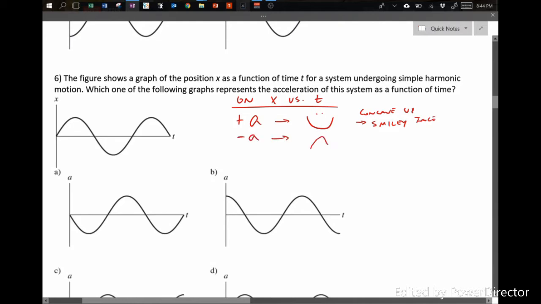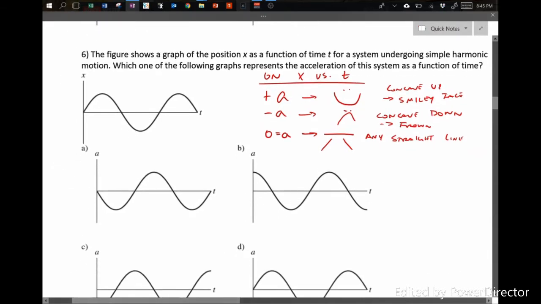Negative acceleration is concave down, or frown, particularly grumpy. And then 0 acceleration is any straight line on position versus time. So any one of those would be 0 acceleration.